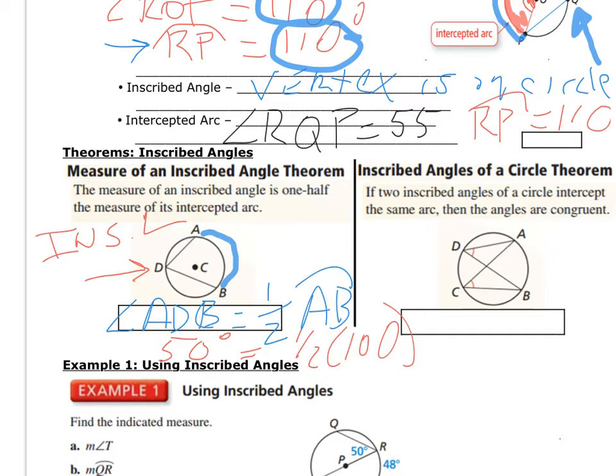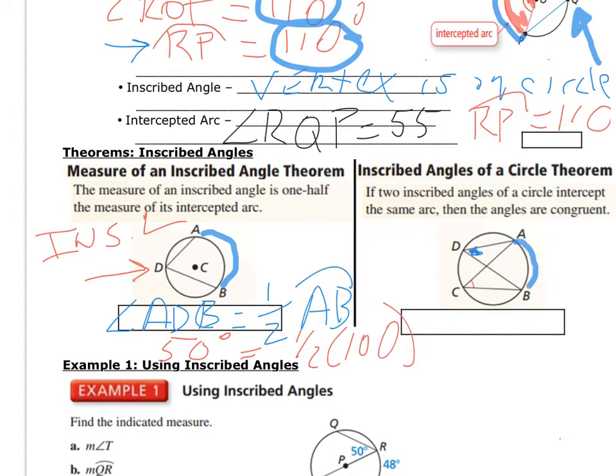Then we have another theorem here. It's the inscribed angles of a circle theorem. If two inscribed angles of a circle intercept the same arc, then the angles are congruent. I'm going to use blue for this angle here. There is the inscribed angle that has D as the vertex, and the arc is arc AB.